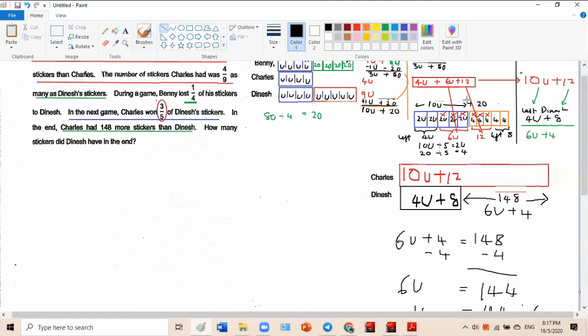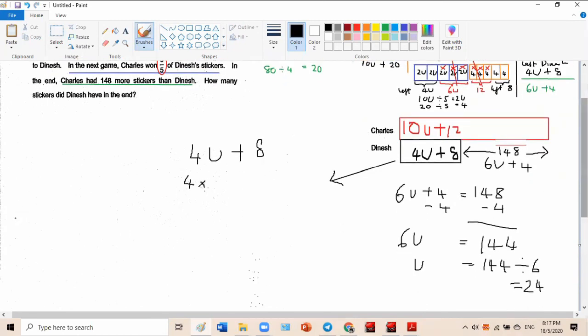Dinesh is left with 4 units plus 8. 4 units plus 8 means 4 times the unit, which was 24, plus 8. That should be the answer.